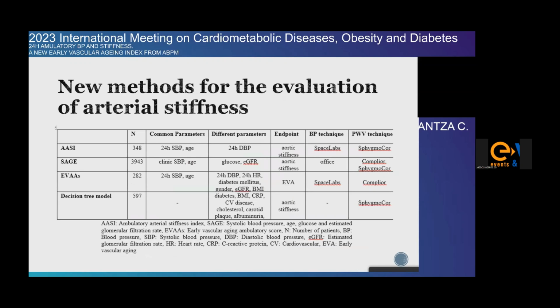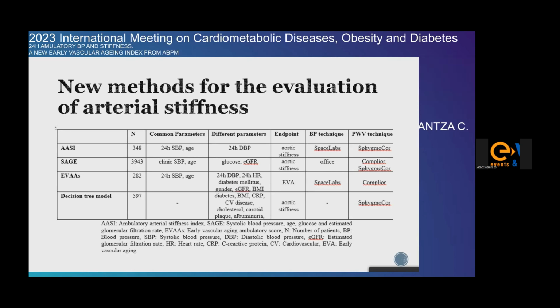Of course, it is not only ASI and the early vascular aging score. There are two other scores in the literature. The first one is SADSE, which uses age, glucose, and eGFR to predict aortic stiffness, with the only disadvantage that it uses the clinic systolic blood pressure. And finally, there is also the decision tree model, which seems to be very accurate, but it uses very many determinants.